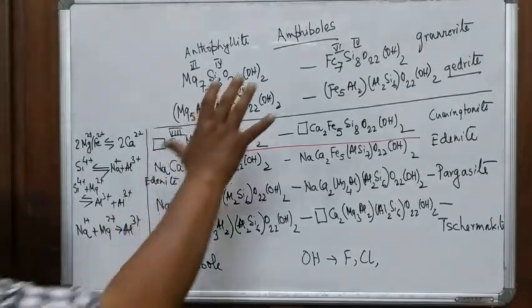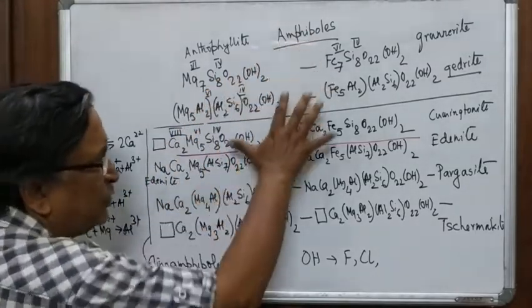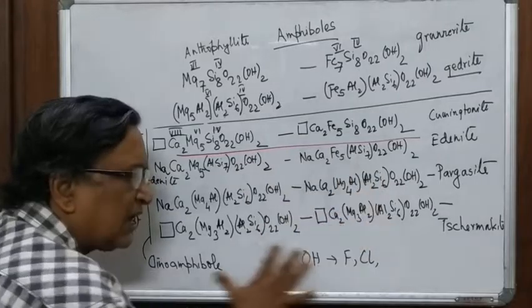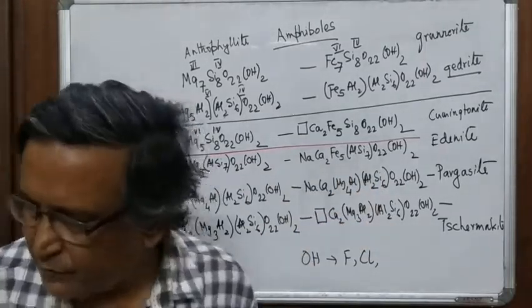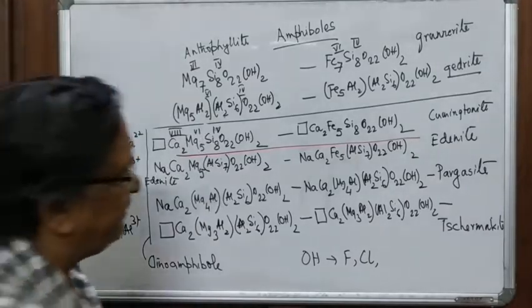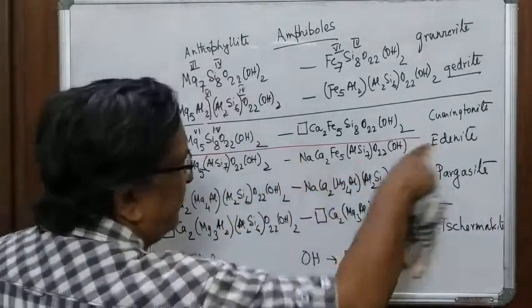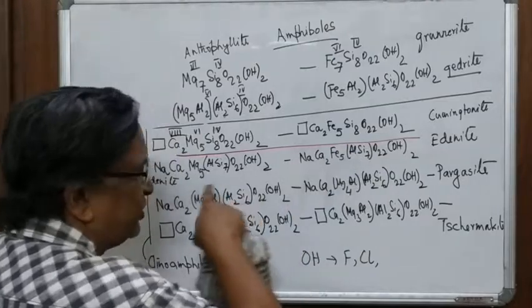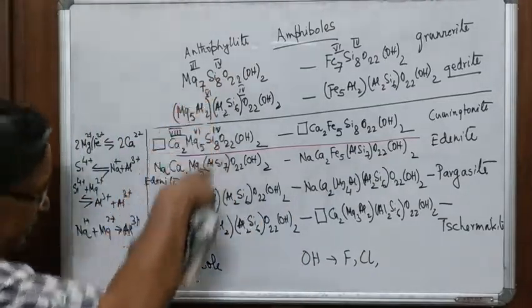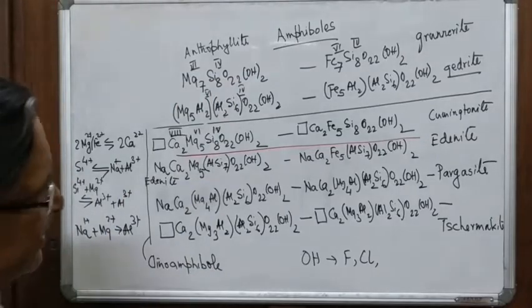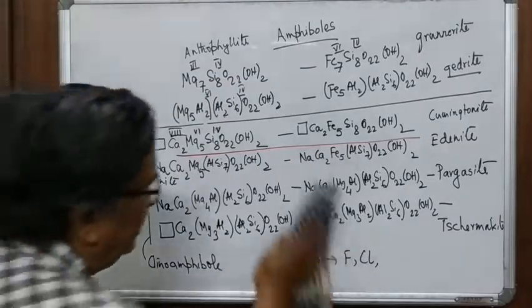Now, I will not be talking further about orthoamphiboles. We will talk more about clinoamphiboles. And I will draw a diagram which will help you to conceive it. So remember all this. These formulas are important and you should remember them. It's not that you have to memorize everything. If you remember the first one, you can derive the rest, remembering how to do it. Right?